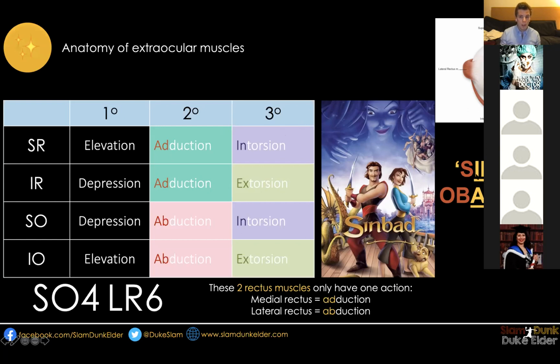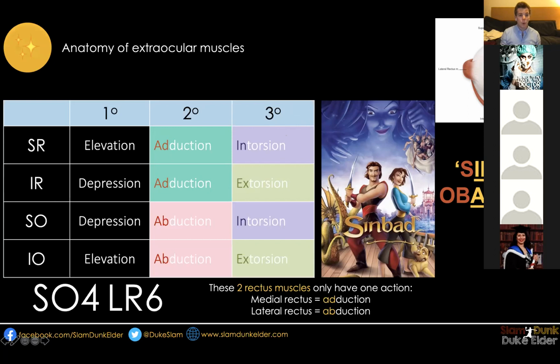So this mnemonic states superior recti intort. You basically draw out this table in every exam, at least I do. The superior muscles intort, so your superior obliques and your superior rectus do intorsion as their tertiary movement. The rectus muscles adduct.